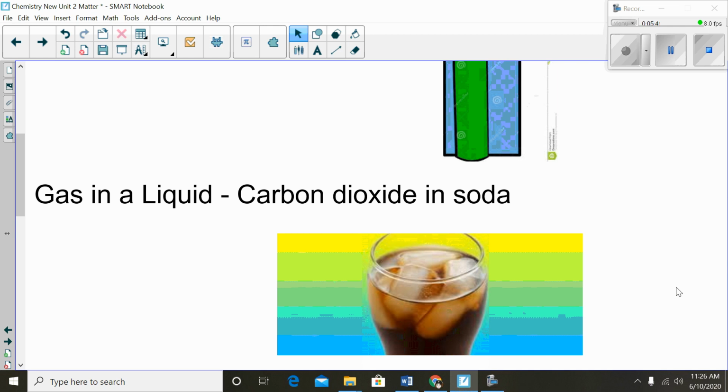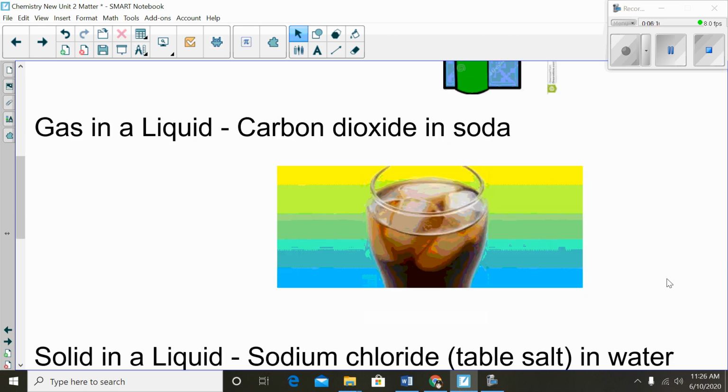If it's fizzing and bubbling, then you notice it. But for a homogeneous mixture, if that bubbling actually leaves and the soda goes flat, you will have some carbon dioxide left in the soda. You just won't see the bubbling. So this is what we call the flat soda. Okay, but that is a gas dissolved in a liquid, and you can't tell the difference.